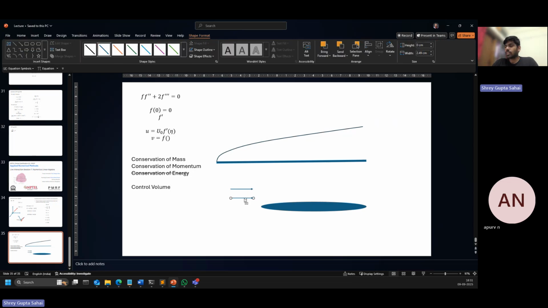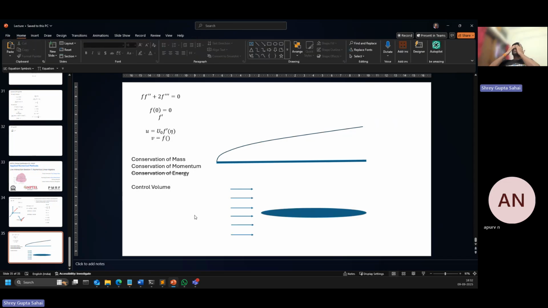We could have taken a ball or something, generally done in fluid mechanics. This is the picture we always see in fluid mechanics. I'm trying to tell you the backdrop of this whole boundary layer equation, the introduction to boundary layer theory.